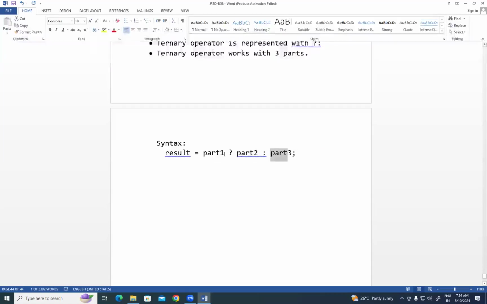That depends on part 1. So if part 1 is true, then part 2 will be assigned to the result variable. If part 1 is false, then part 3 will be assigned to the result variable. Am I clear now, folks? Online? Yes, sir. Okay, let me write the statement here. Part 1 must be a condition or proposition. You know that statement already?